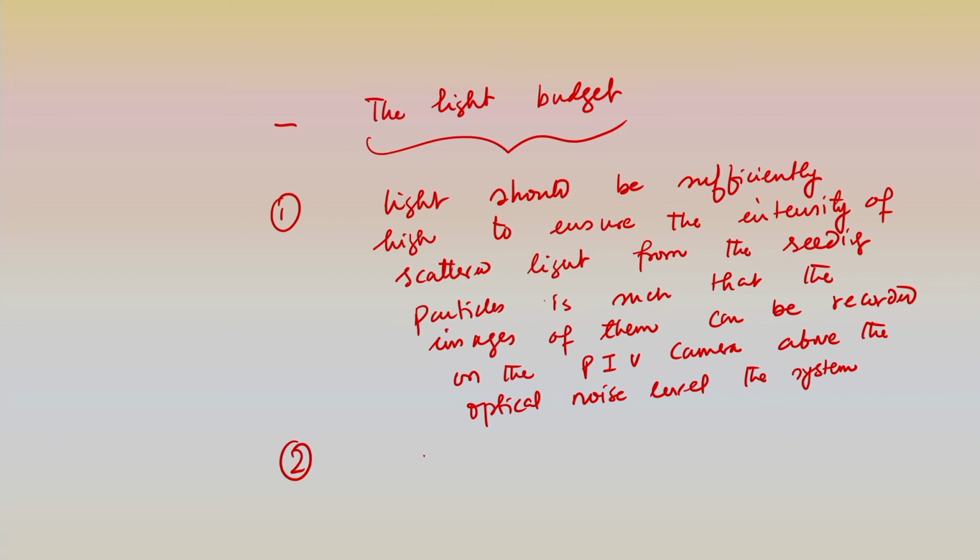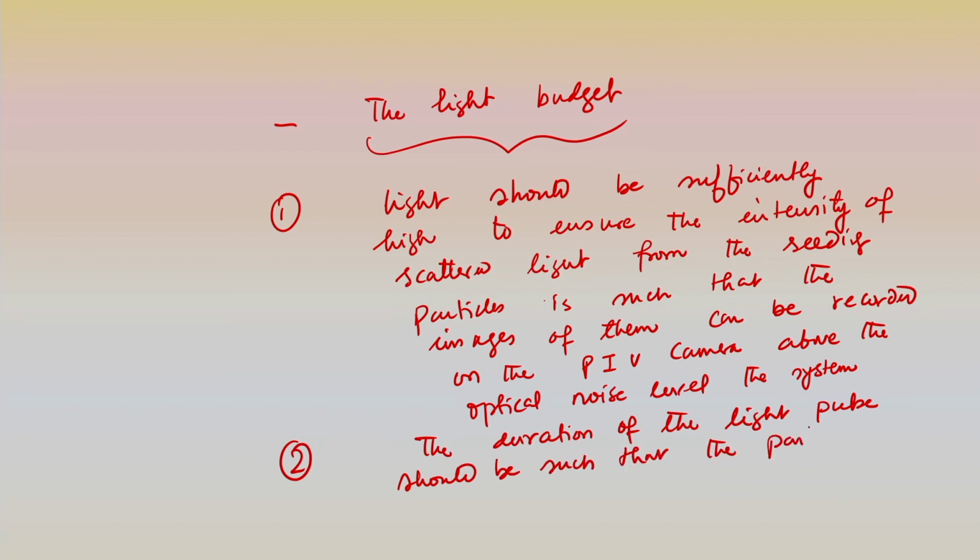And number 2, the duration of the light pulse should be such that the particles do not move significantly during its exposure to light.